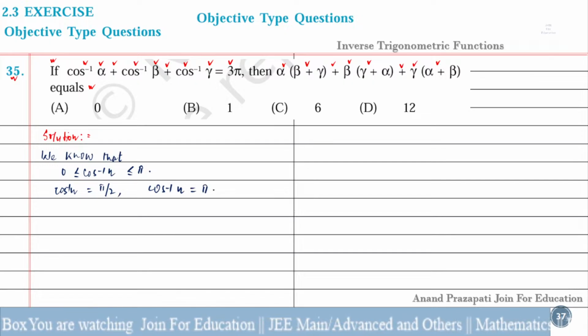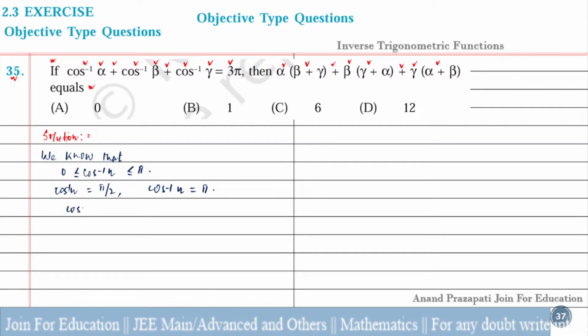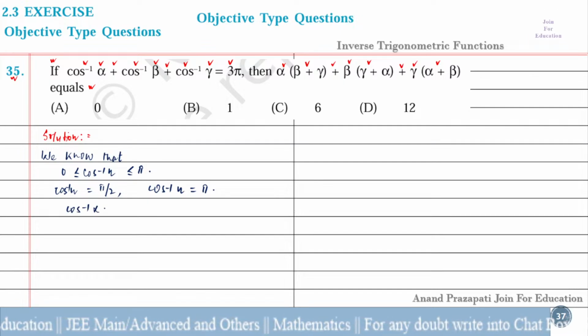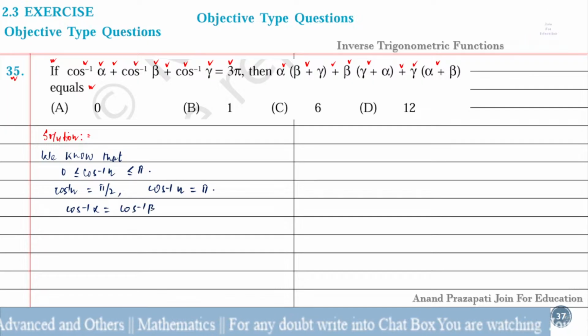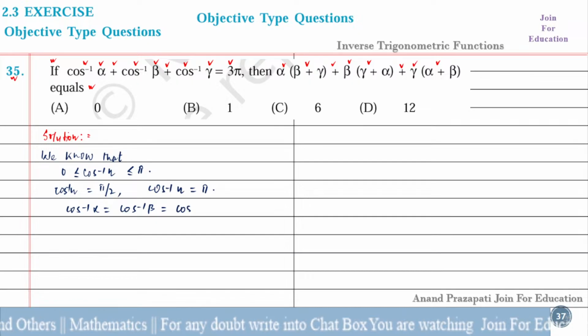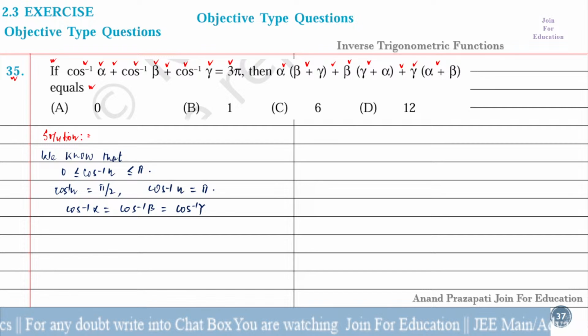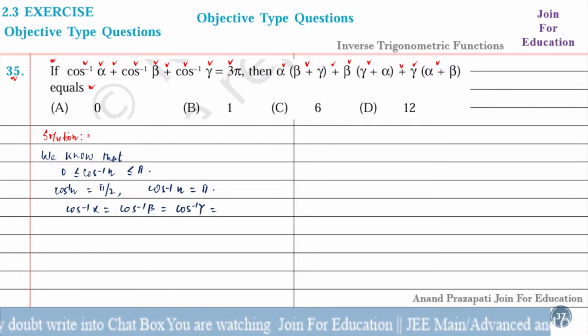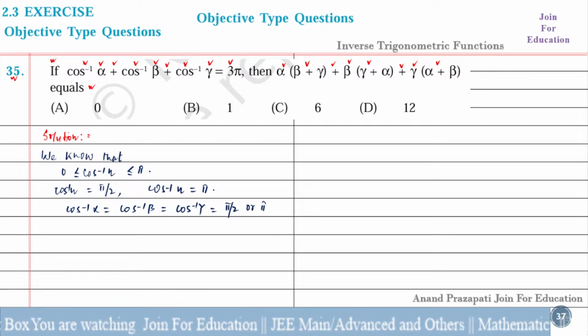So if we put cos inverse alpha, cos inverse beta, and cos inverse gamma, then we get either pi by 2 or pi.